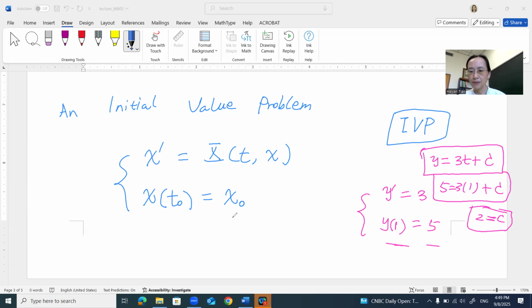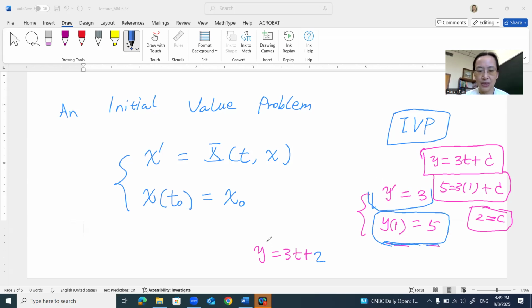So we found a group of functions that will satisfy the first differential equation. However, only when c is 2, that particular curve 3t plus 2 will satisfy not only the first equation, but also will pass through the point 1, 5.